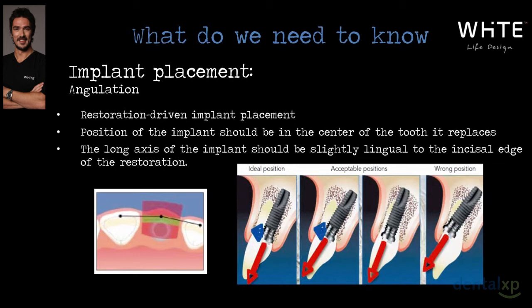well, it's easy to place an implant. It's not easy to place an implant in the ideal position. It's not always easy to place it in the ideal position, especially if you have limited bone and it's after an immediate extraction. However, the implant should always be restoration driven, allowing for an ideal crown to be placed, and it should be in the center of the tooth it replaces.